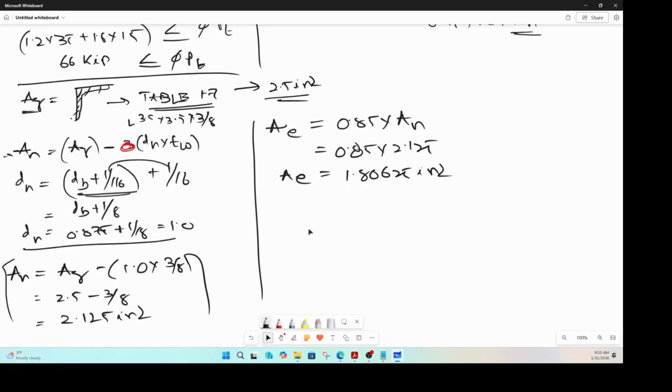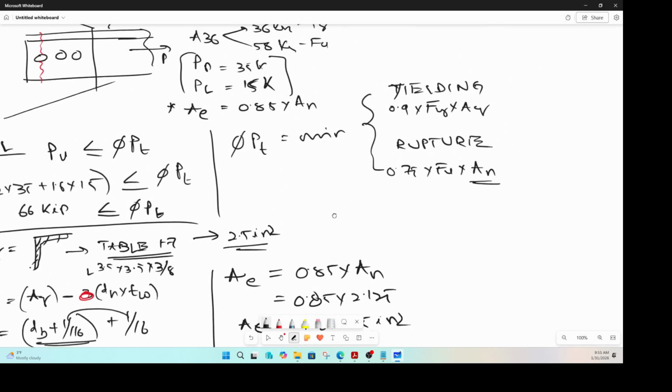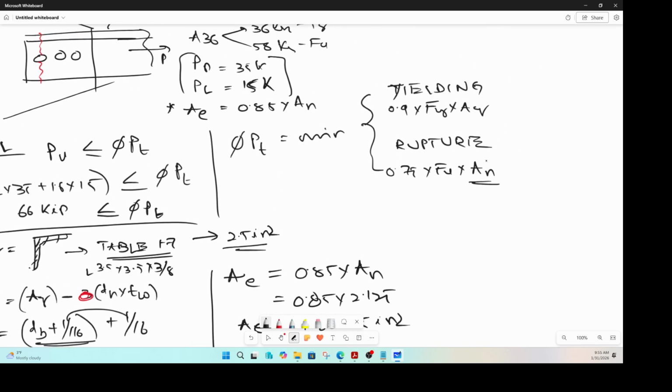Now what do you do with AE and AG? You come back here and plug them here. So this one, the rupture strength is 0.75 times 58 times, sorry, this is AE. Effective net is A net times 0.85, given in the problem statement here. So that is 1.80625. Find out that and find out this one.